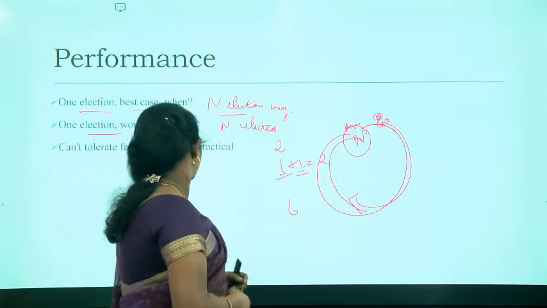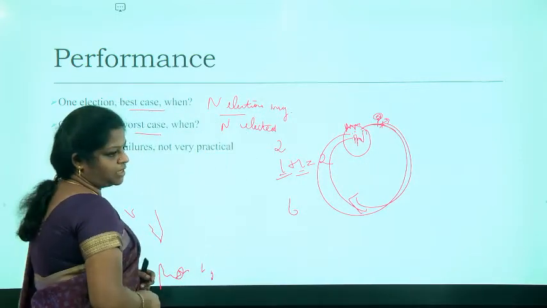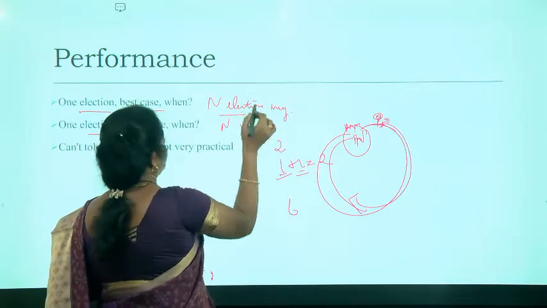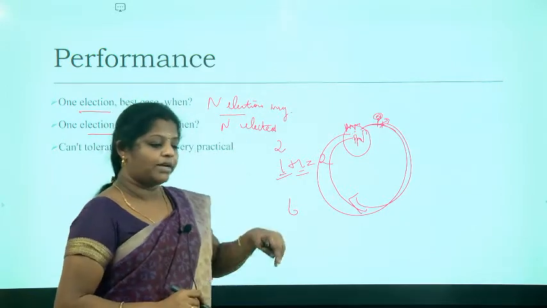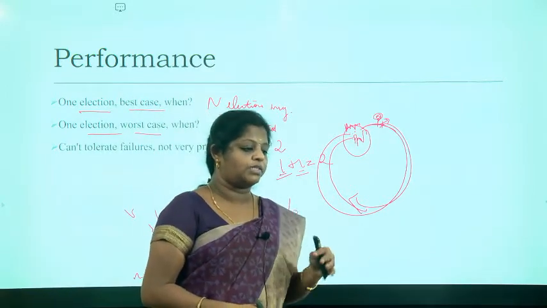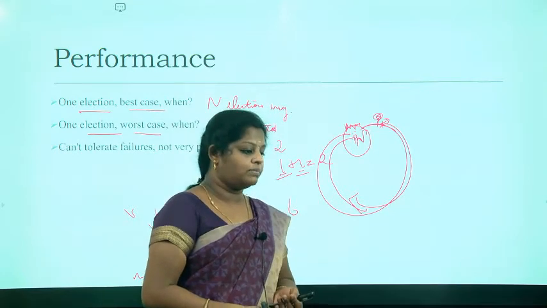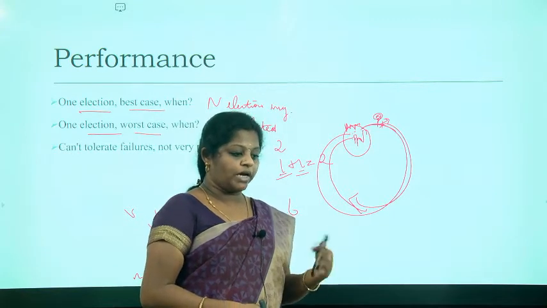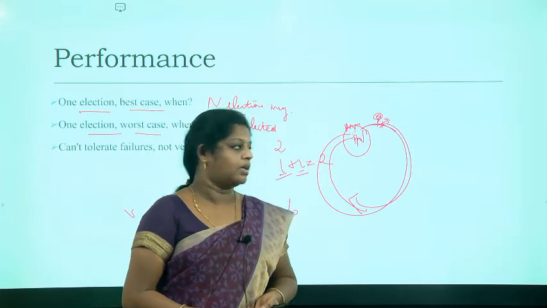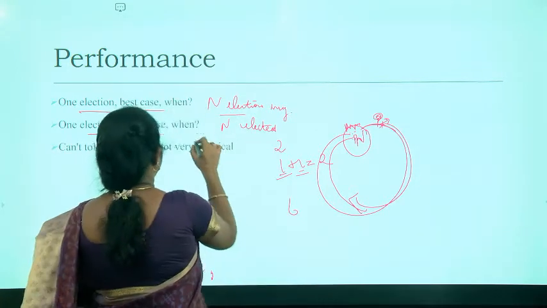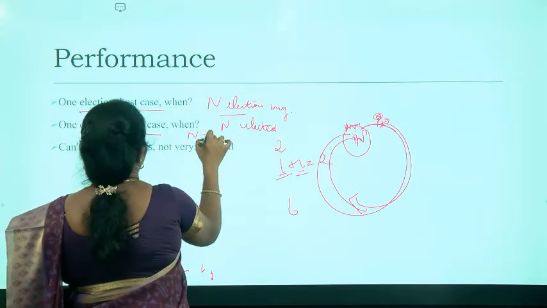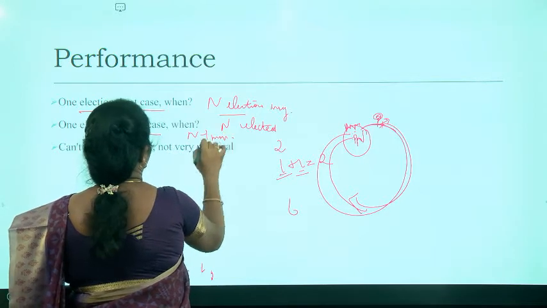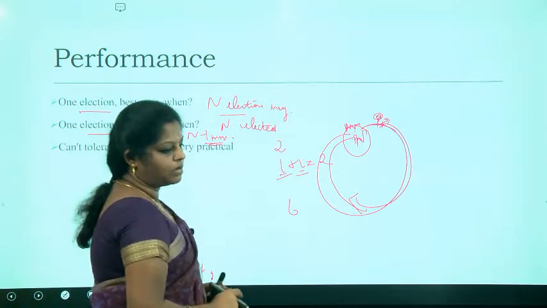The total we have is n minus 1 messages here. Previously, in the best case, we had only n messages. Here, for elected as well as election, both are required. n minus 1 messages are required to reach its neighbor.